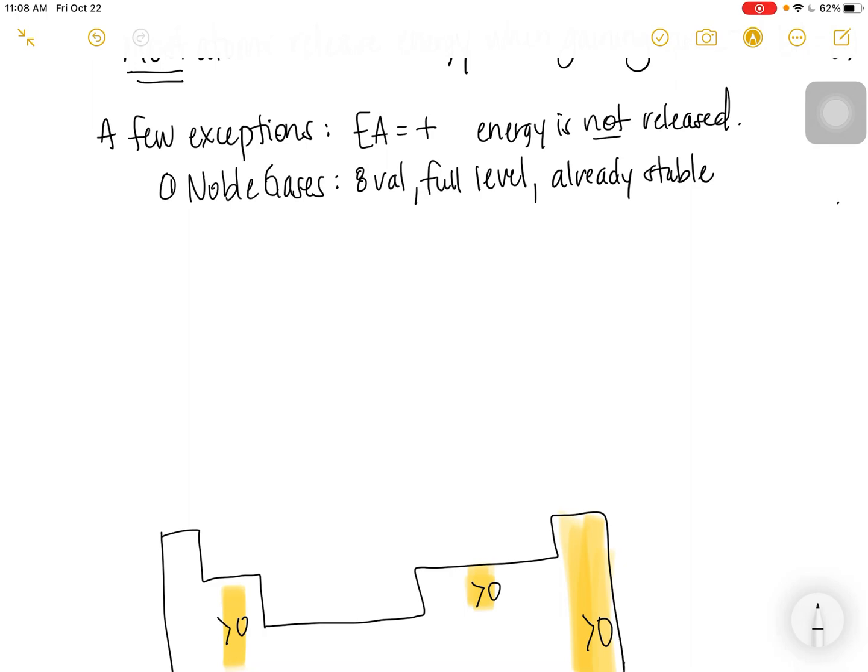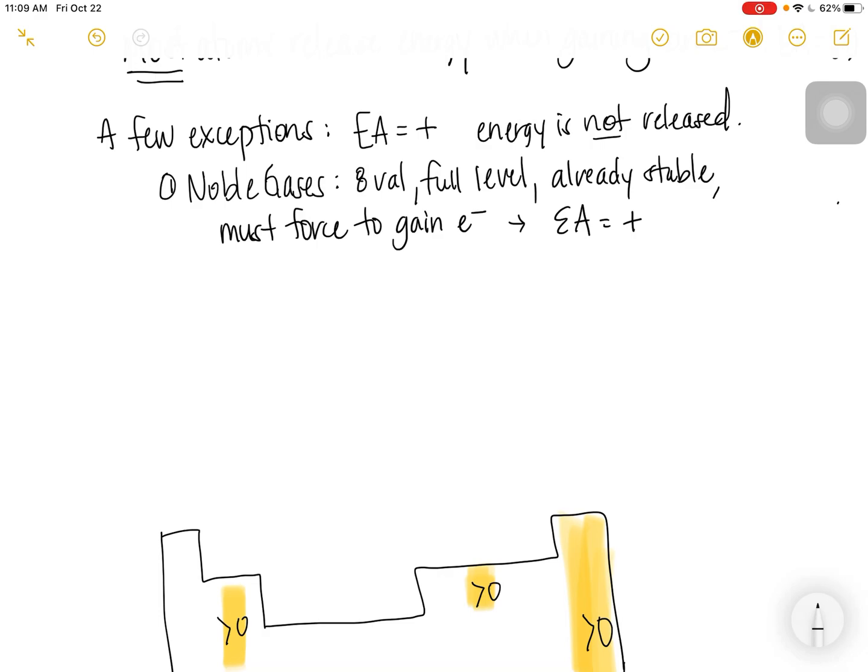And so they actually will not release any energy with gaining an electron. You actually have to force the noble gas to gain an electron. And so because you're forcing it to gain an electron, what this means is that your electron affinity is going to be positive, because in this case, energy is required. Okay, you're gonna make it take an electron.